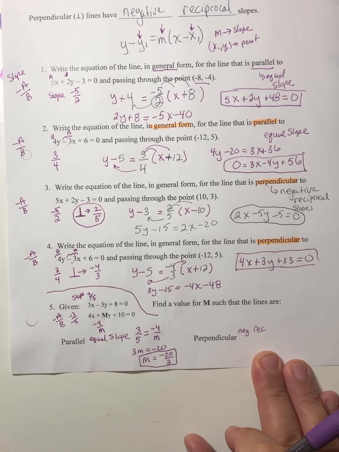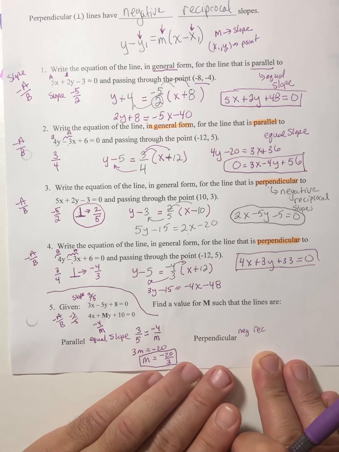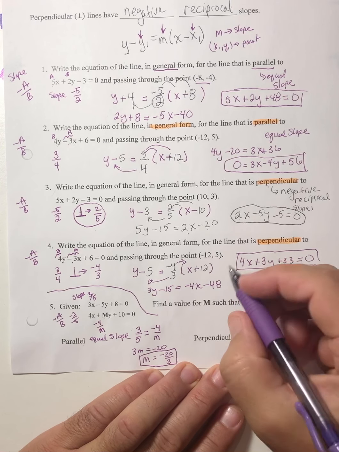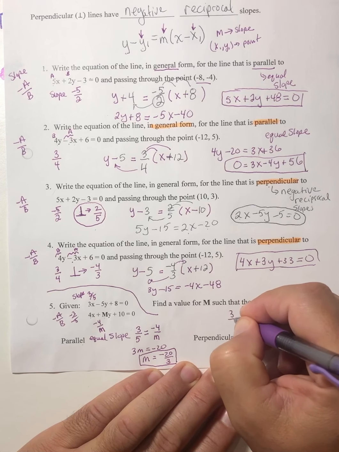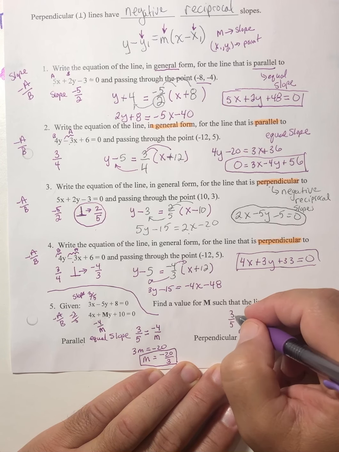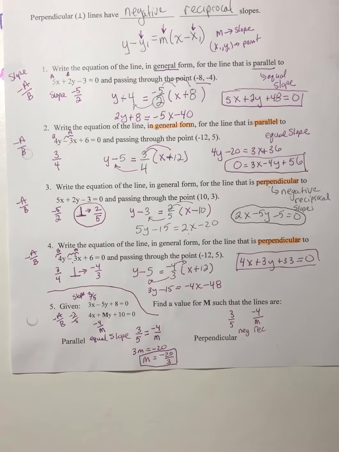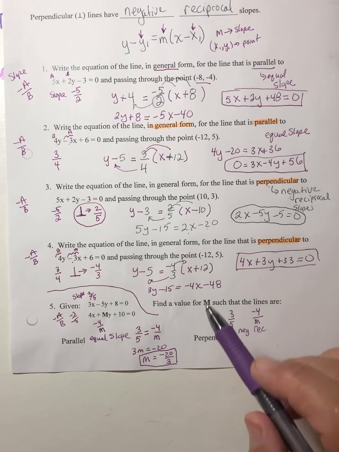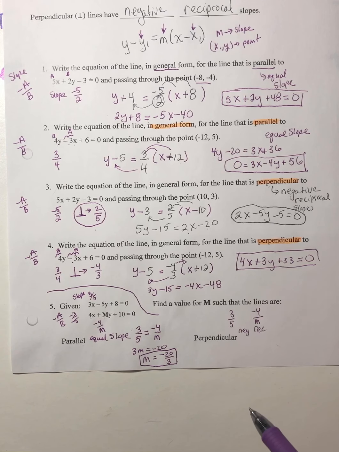All right. Perpendicular is going to be a little different. We know there are two slopes. We have one slope that's 3/5, and we have another slope that is negative 4 over m. One thing that we could do is literally flip one of these and then set them equal to each other.